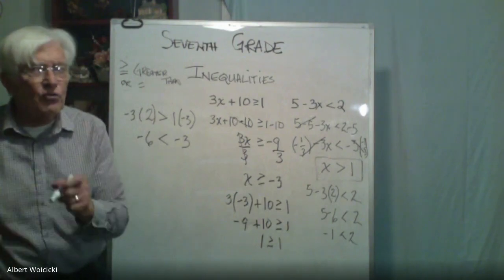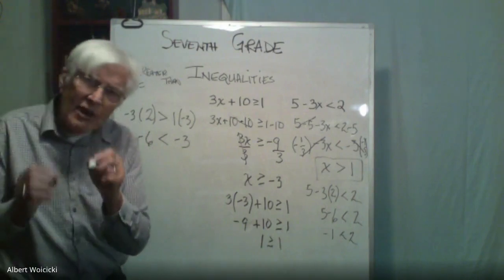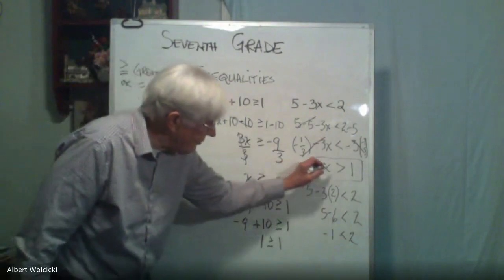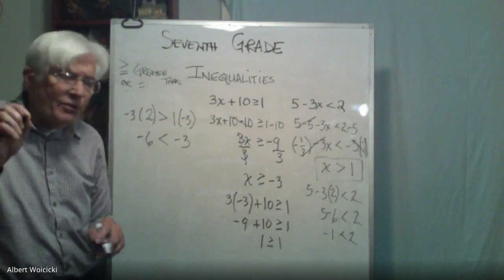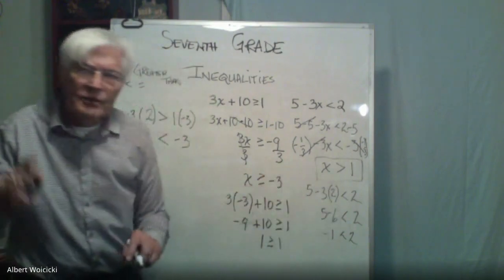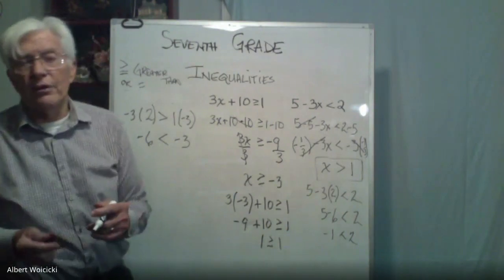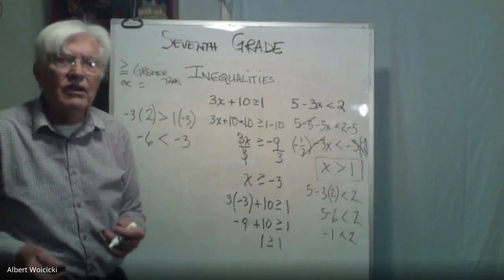So we have to be really, really careful. Observe what it says. It says x is greater than 1. So I have to find a number to put into my check that's bigger than 1. And I chose 2 because it's easy to work with. I could have chosen 10 or 100, but 2 is easy.